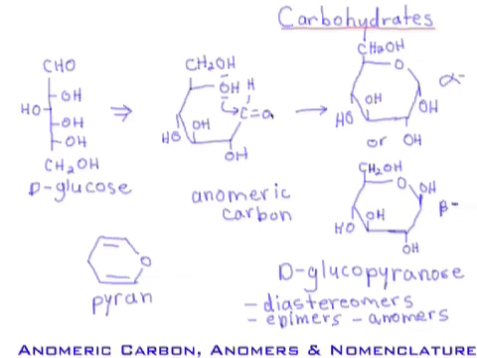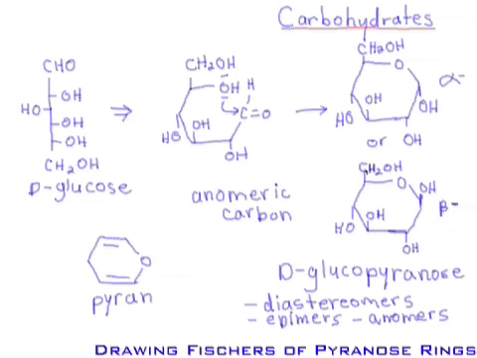Now this cyclization, although I've drawn it this way, can be drawn in a Fischer projection. We'll come back to these types of ring structures, but what we're going to do is draw our structures. In fact, let's go complete.